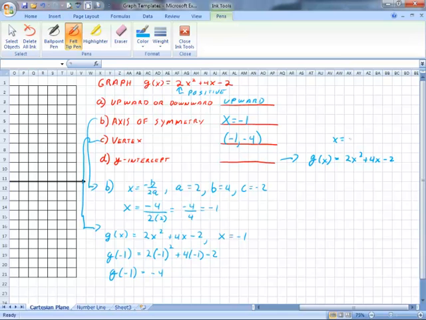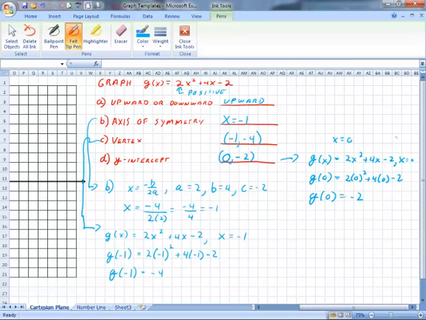So let's see when x is equal to 0. So I plug in 0 and I get g of 0. G of 0 is equal to 2 times 0 squared plus 4 times 0 minus 2. So g of 0 is equal to negative 2. So the y-intercept is at 0, negative 2.